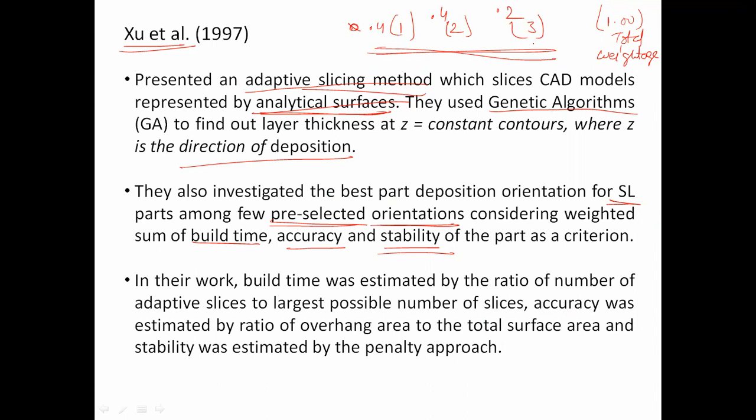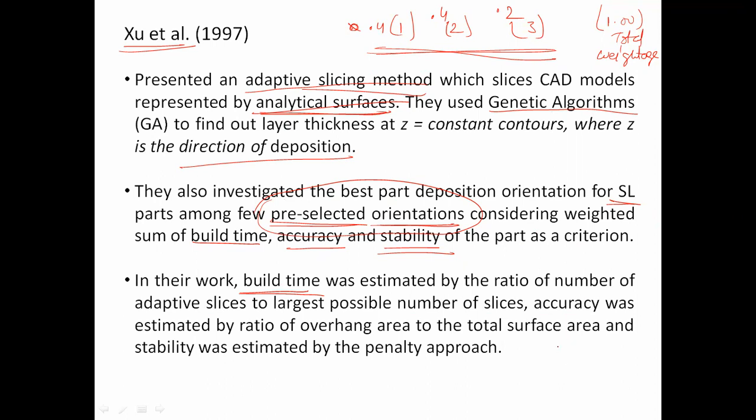So based on this weightage factor, a formulation is defined, and for the pre-selected orientations, the orientation is investigated with respect to this part. Now, they considered build time as the ratio of the number of adaptive slices to the largest possible number of slices.